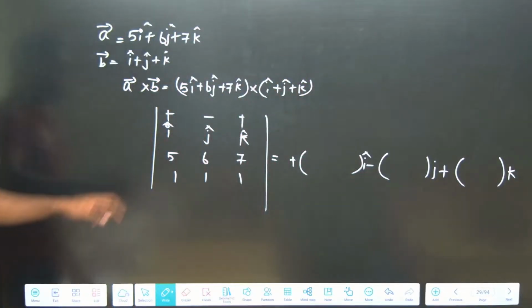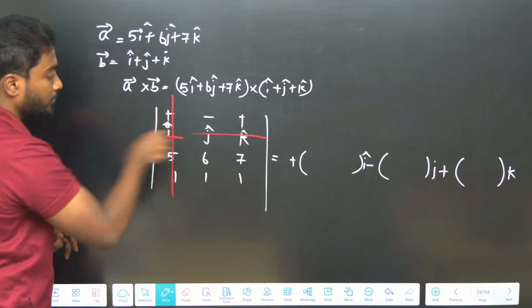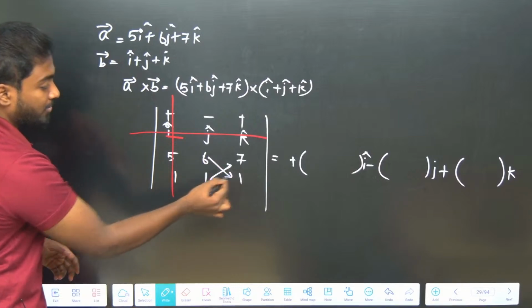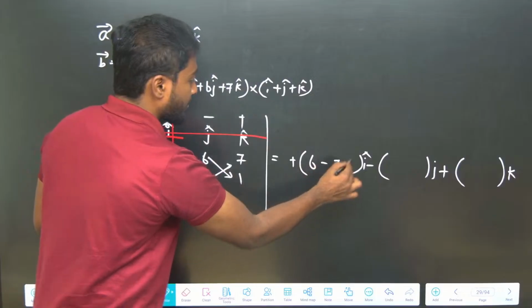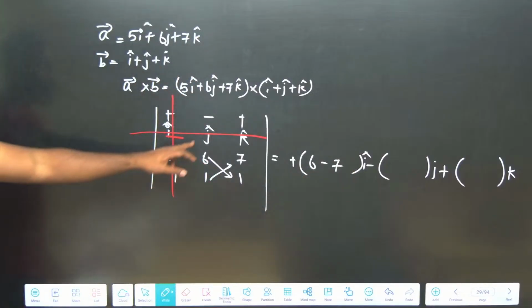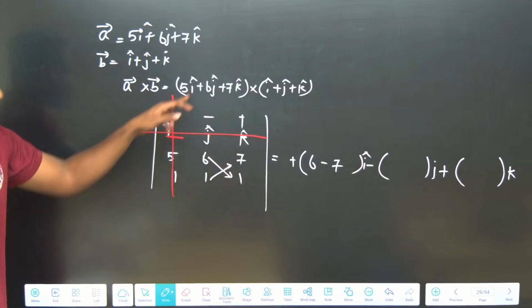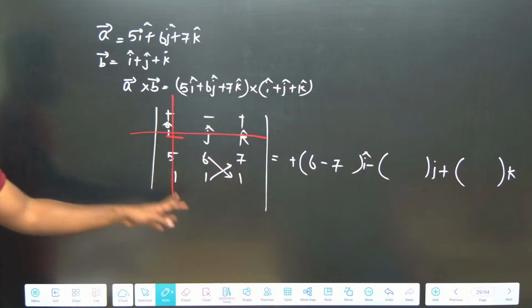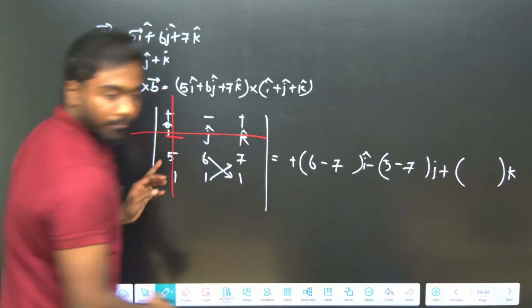When I want to do it for I cap, close the row and column of I, and cross multiply: 6 minus 7. For j, close the row and column of j, which gives 5 minus 7.